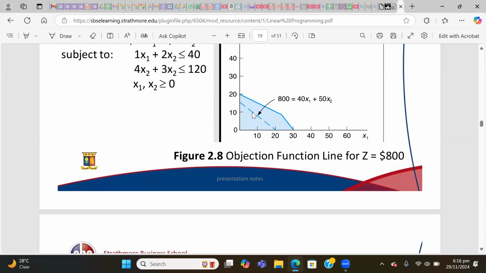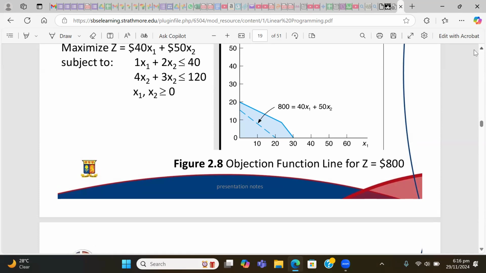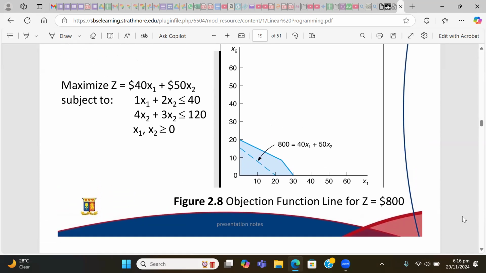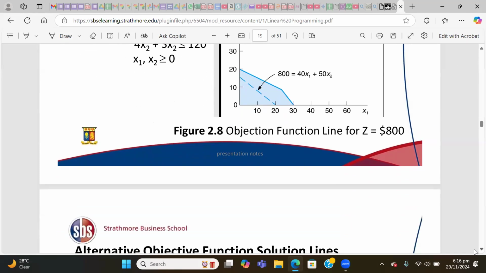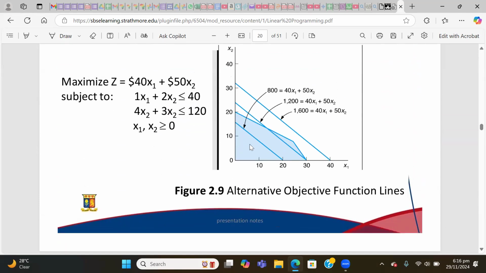So what this writer did, he took the line 40x1 plus 50x2. This is the line here. And you can take any point here. But he tried different values. So when the line runs here, he took a point here. When the line runs here, he took a point. And when the line runs out here, he took a point.